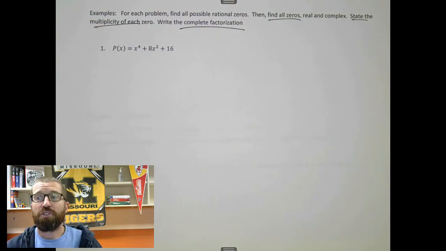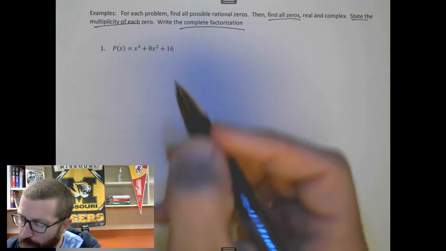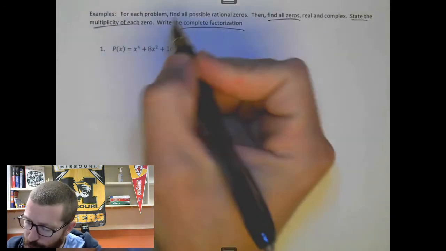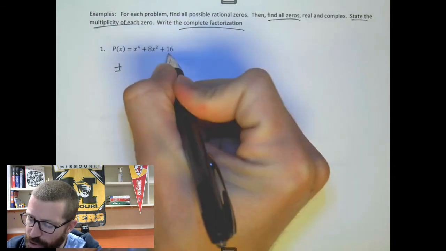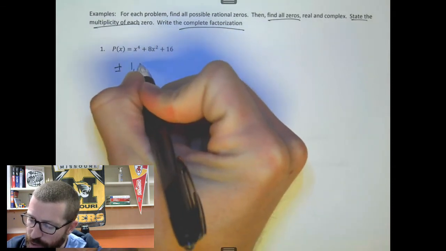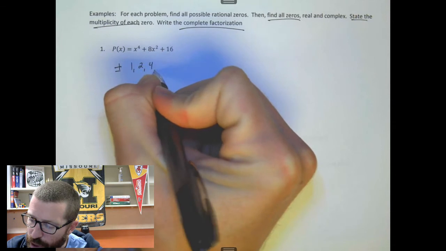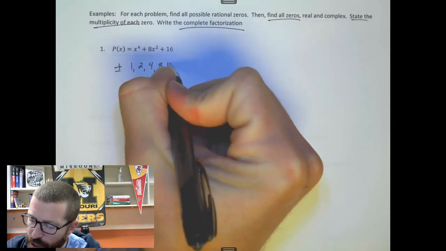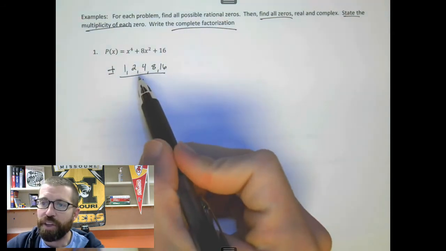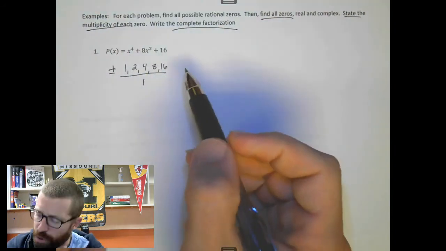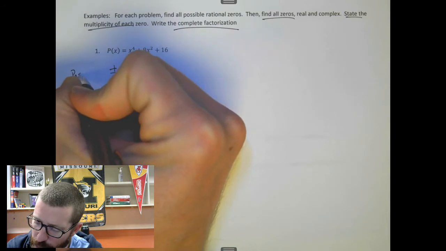The first thing to do is to find possible zeros too. And we're not going to list all those out specifically. We'll keep the shorthand form. So the possible zeros would be the factors of 16, 1, 2, 4, 8, and 16, over the factors of 1. Okay, and that's far enough on the possible zeros.